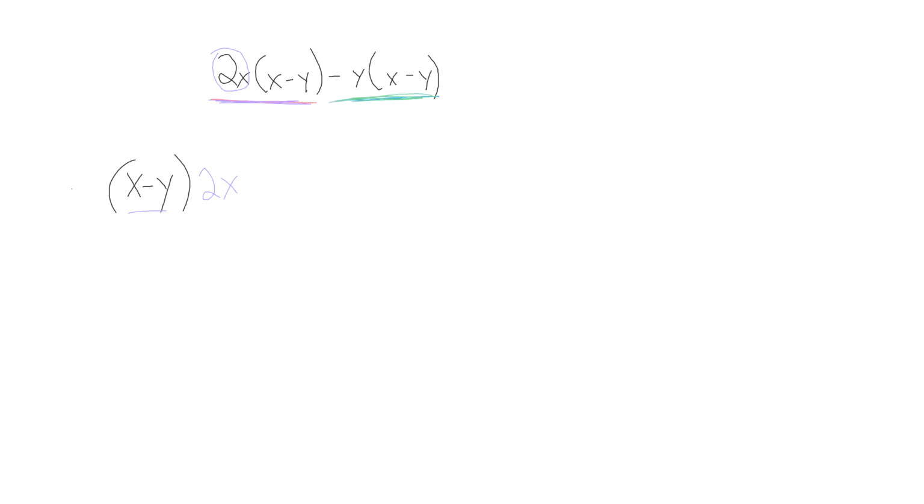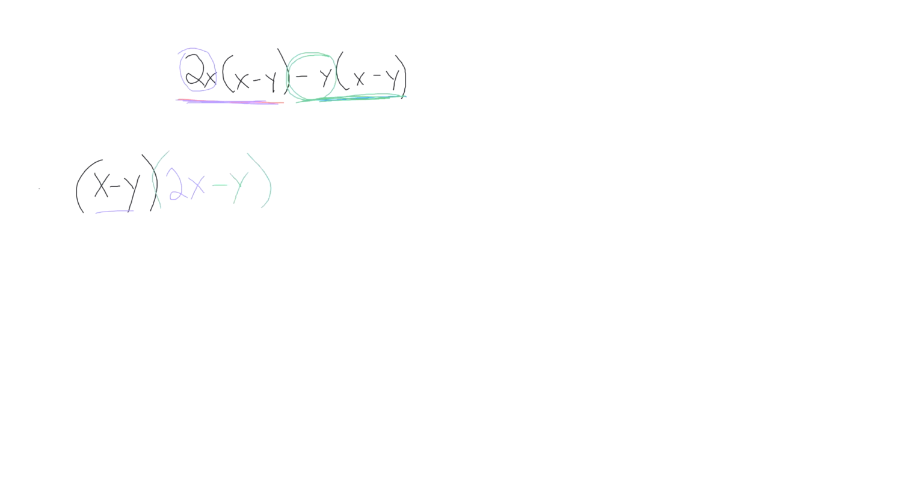I have the x minus y in common, so those will cancel, and I'm left with a minus y. So that's my answer. The answer is x minus y times 2x minus y.